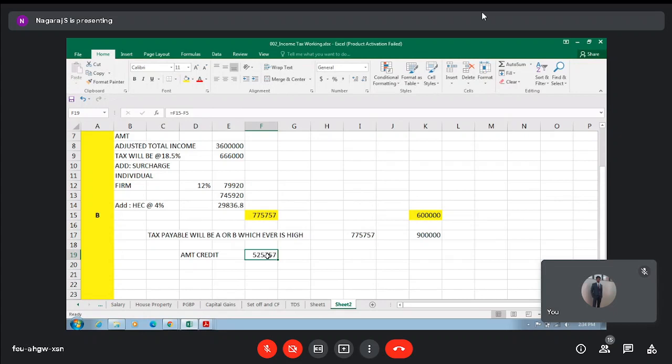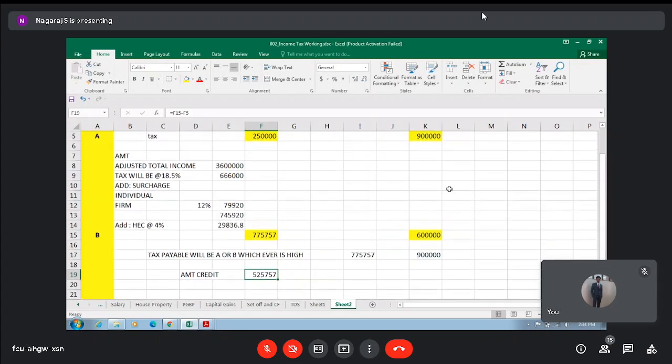The deduction will be restricted to minimum of 6 lakhs you have to pay. Tax payable should be 6 lakhs. Minimum you have to pay. That is what the term is called alternate minimum tax rate. Yes or no?